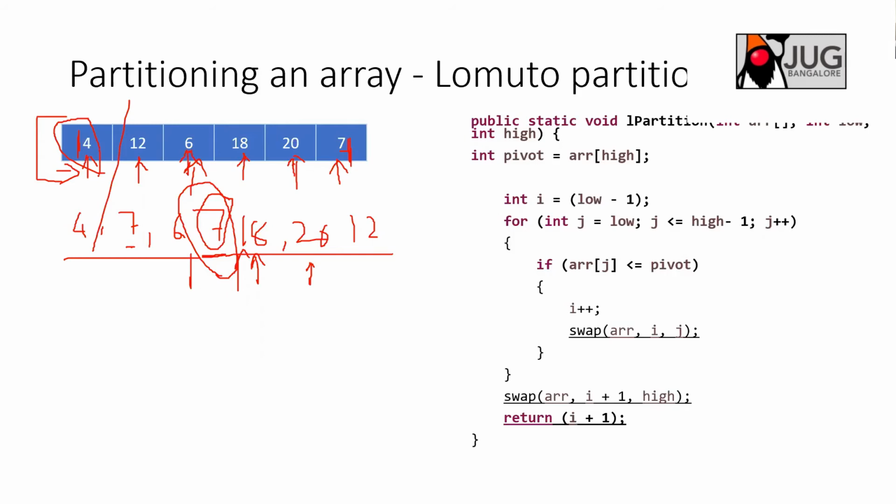Okay, that way it is a partition, because partition means if you choose any element from the array set, at the end of the partition it has already reached its position where it has to be in the final sort. So that is what the partition does. This is what Lomuto partition does. Hoare partition doesn't guarantee that, because it reached a proper position, but Lomuto partition does.